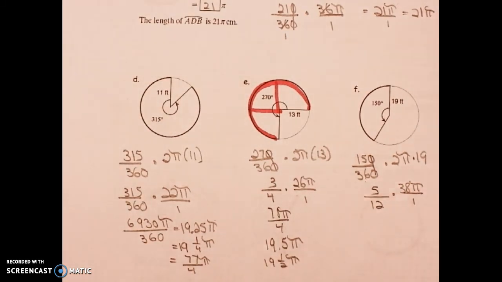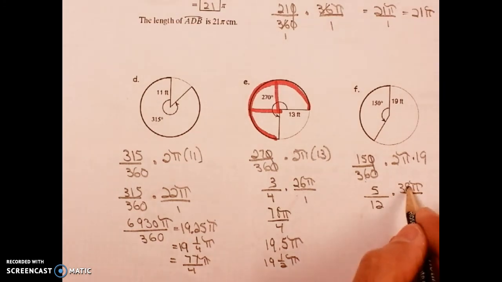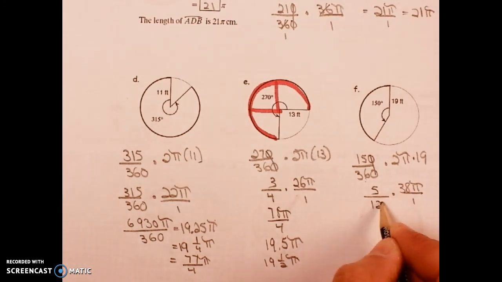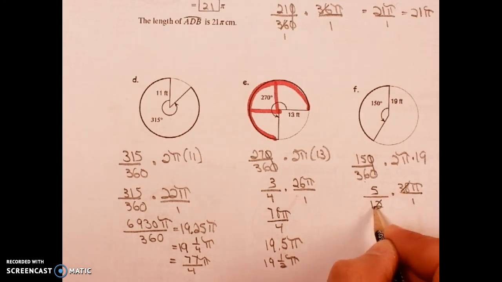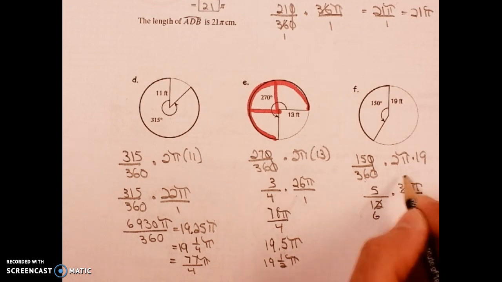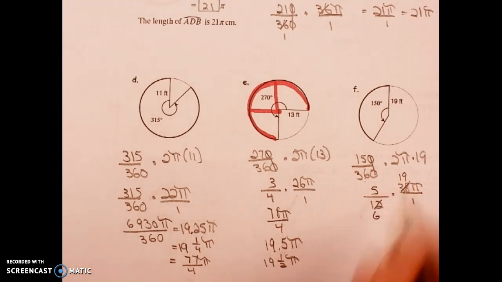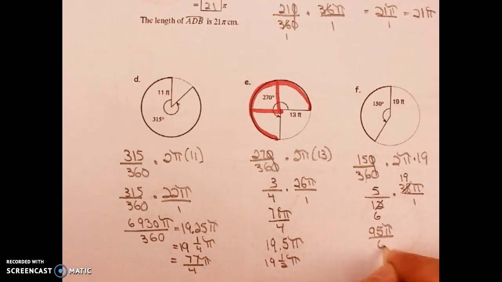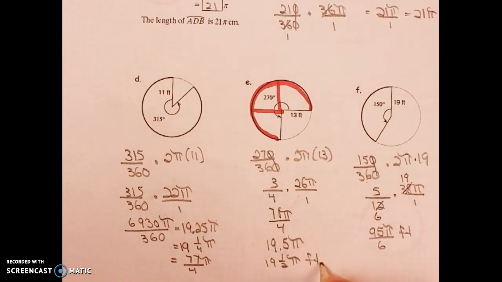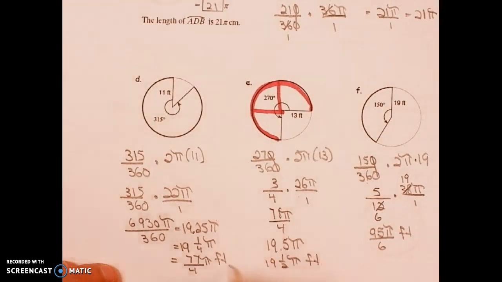If you want to, you can multiply straight across and reduce, or again, I'm going to refresh your memory. Take a look at 38 and 12. They're both even, which means I can divide a 2 out of both of those. So 12 divided by 2 is 6. 38 divided by 2 is 19, and now I can multiply straight across, and we end up with 95 pi over 6. I guess I should be putting some units on all of those.